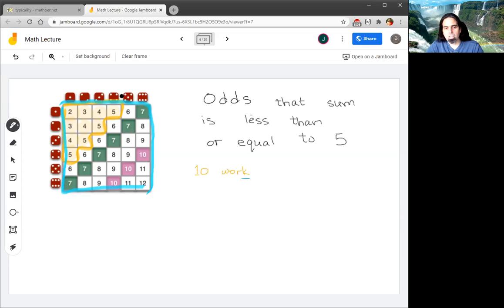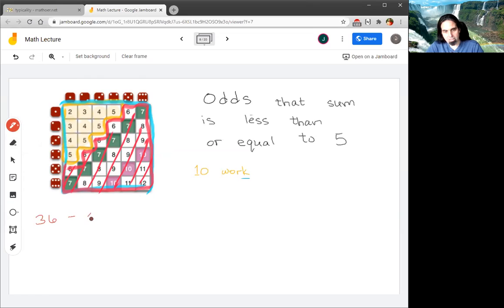So it's still true that 10 of them work, but now what we're going to count carefully is not the total, but everything that we didn't count before. So this area here. So there were 36 before.